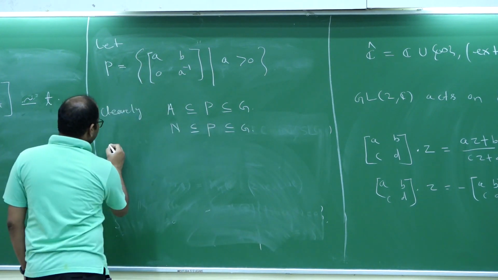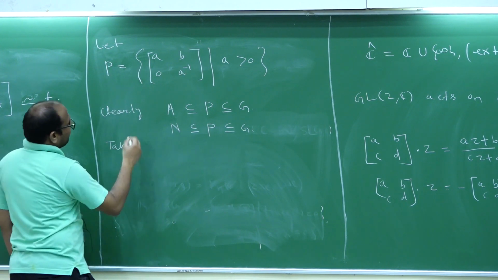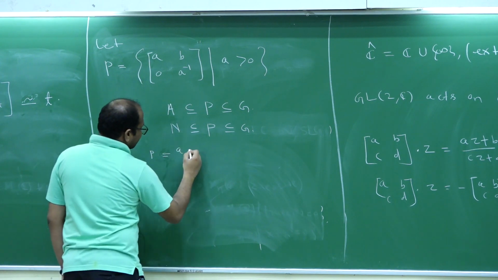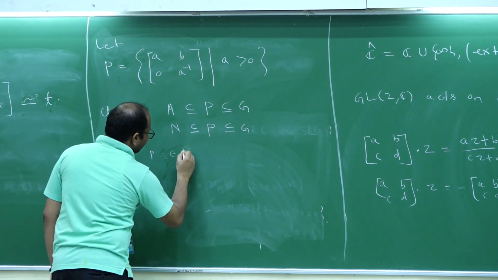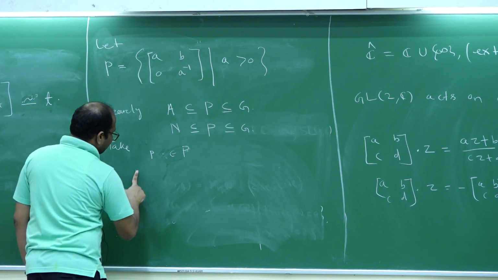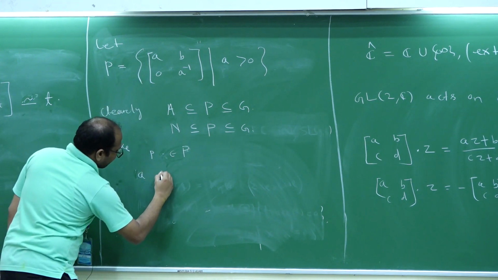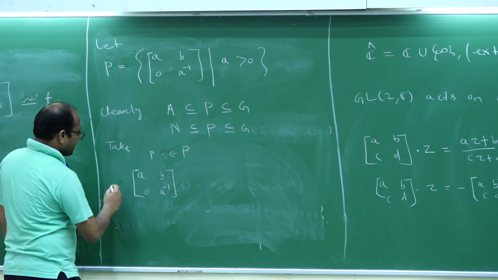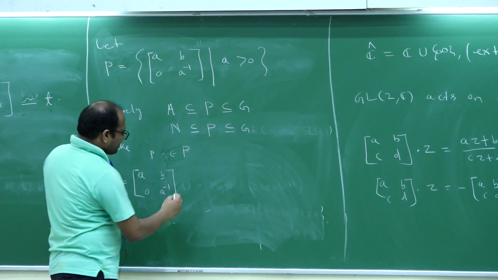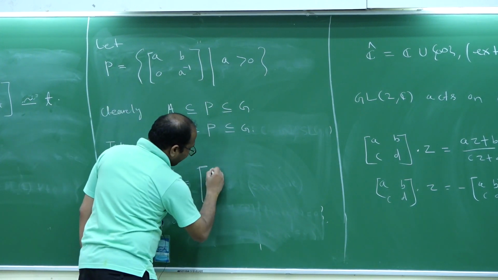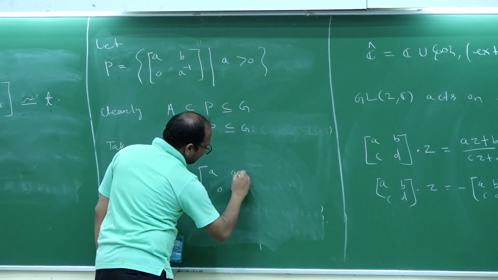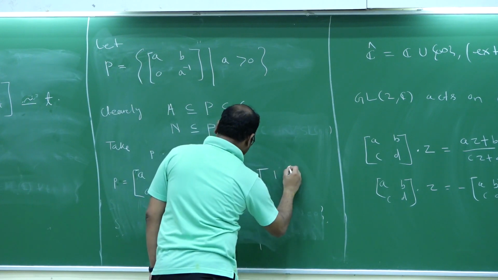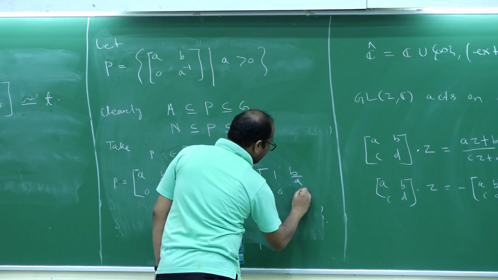Now take any element p belonging to P. So p is of the form a, b, 0, a inverse. This can be written as the matrix a, 0, 0, a inverse times the matrix 1, b over a, 0, 1.